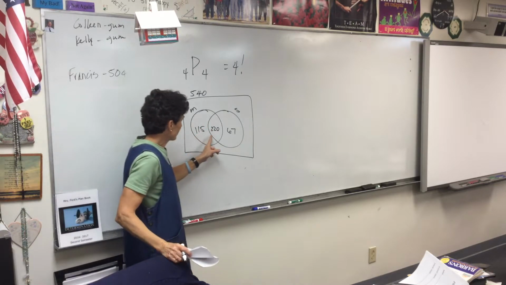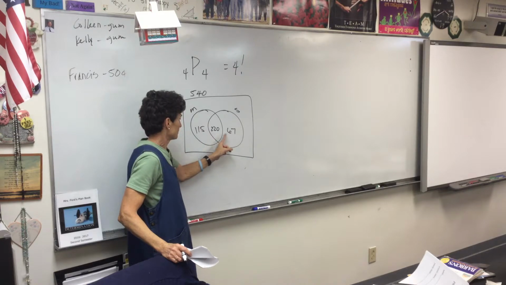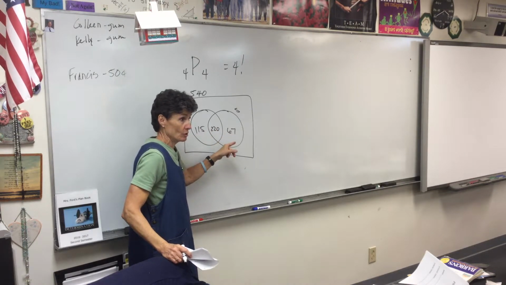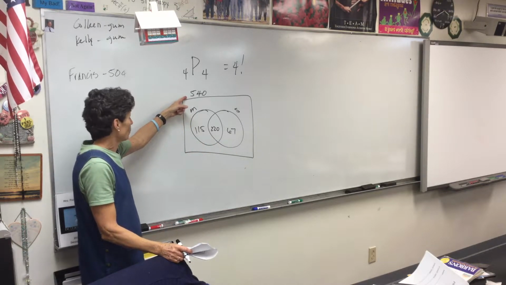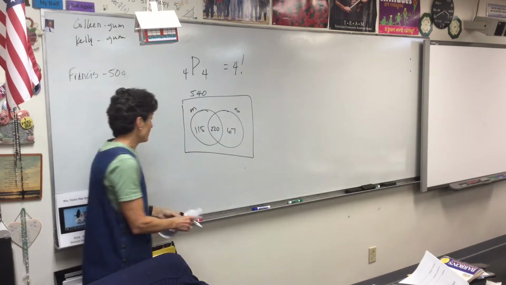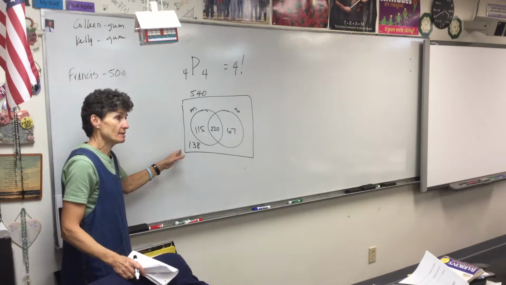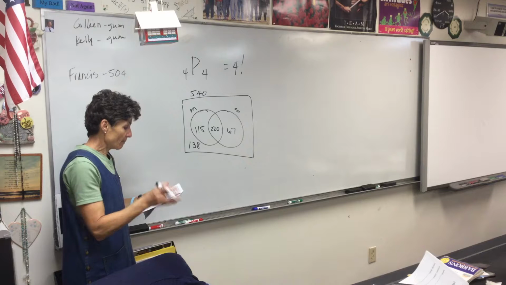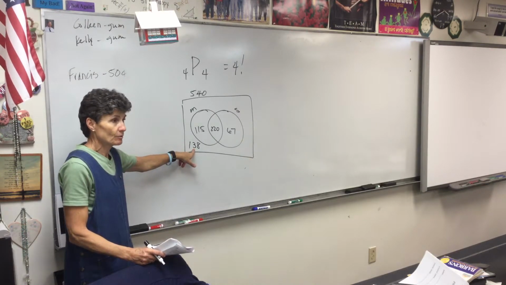How many of them are in the circles? 402 are in the circles. What does that mean about the other, 138? Where are they? They're out here. And what are those 138 kids? They're the ones that don't do either one, right? So how many seniors are taking neither math nor science? 138.